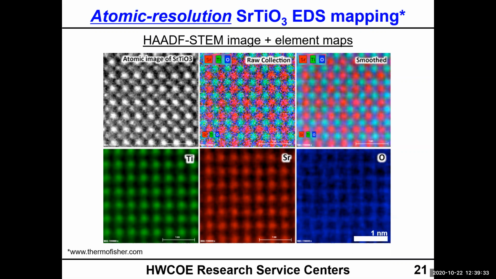You can actually do this analytically at an atomic level with a CS corrected tool. You can collect the characteristic X-rays for titanium, strontium, and oxygen, map those like you see here, and then overlay them. You actually see a map that looks very similar to the STEM image. Again, that's the projection you're seeing right there. So again, atomic resolution EDS mapping.